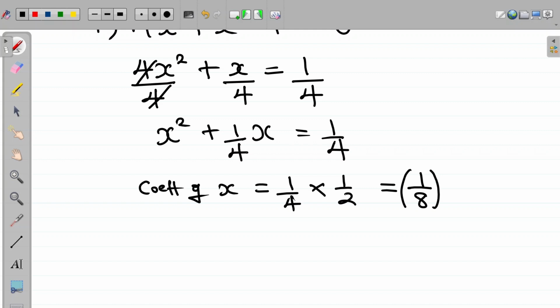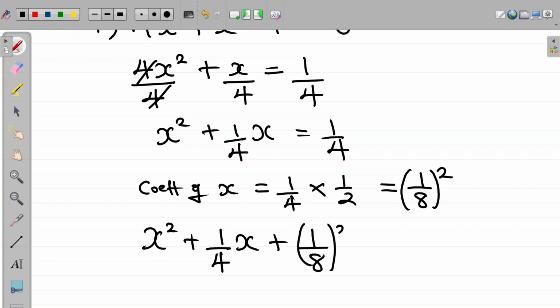So we square the result, and our equation becomes s squared plus 1 divided by 4 multiplied by s plus 1 divided by 8 all squared equal to 1 divided by 4 plus 1 divided by 8 all squared.